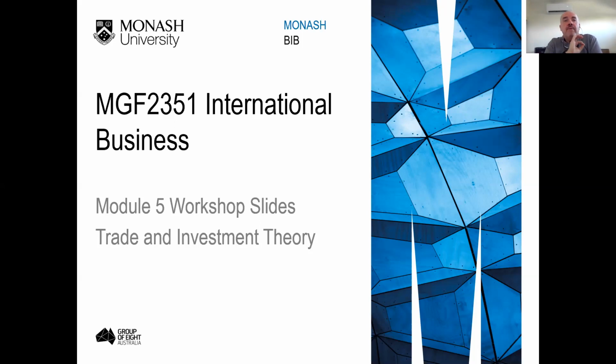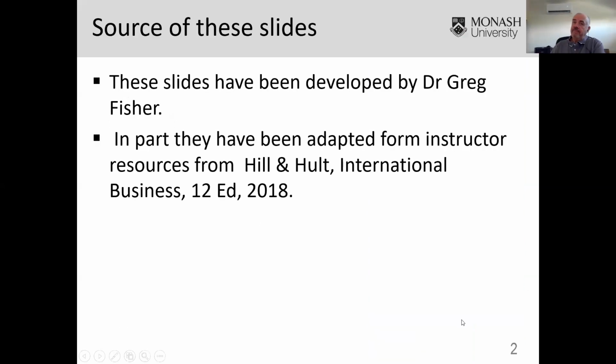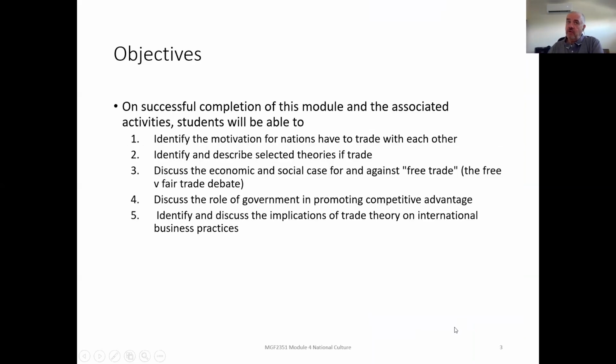International Business Workshop slides, adapted from the textbook and other sources. What we're doing in this module is we're going to identify the motivations that nations have to trade with each other. And we're going to talk about different motivations, those different reasons, based on a range of different selected trade theories.